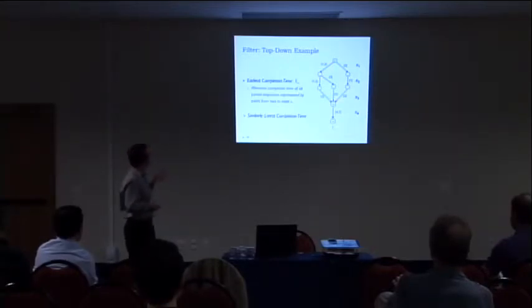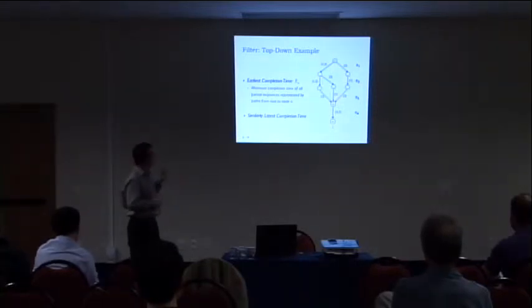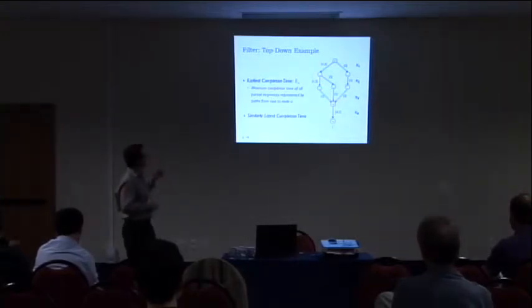Namely, we can associate the earliest completion time with node U. So again, the paths from R to U represent partial sequences. The minimum completion time represents the minimum completion time of all the partial sequences from R to U. So it's the minimum time at which all the partial sequences have finished processing. And you can also define the latest completion time.